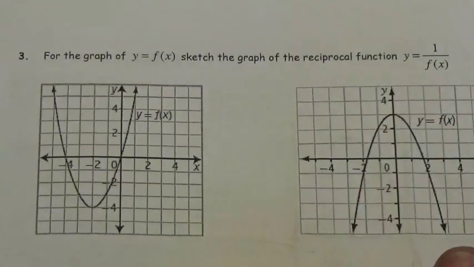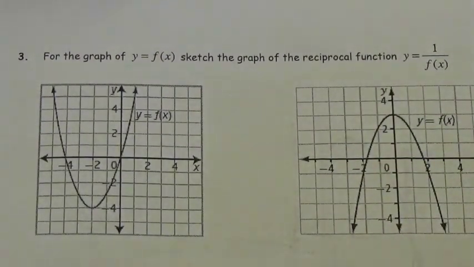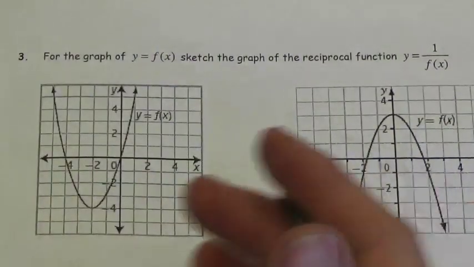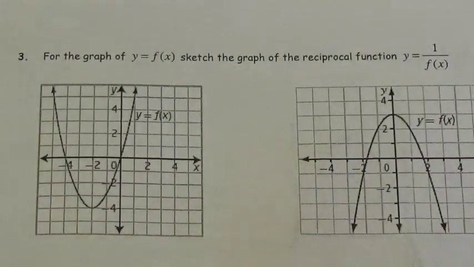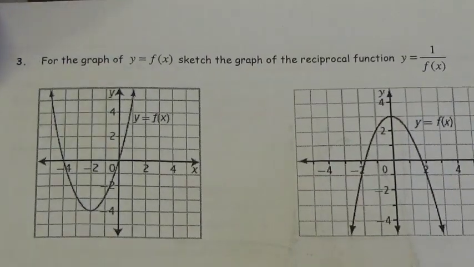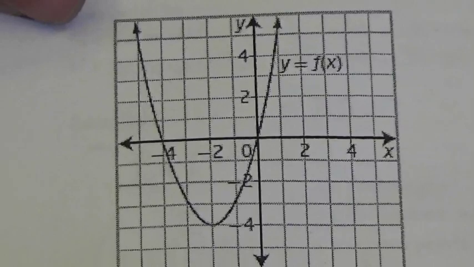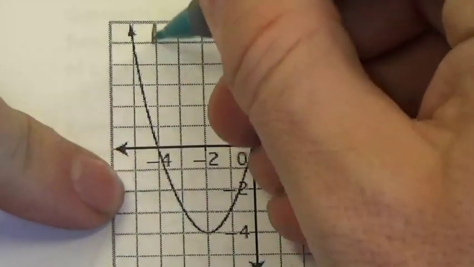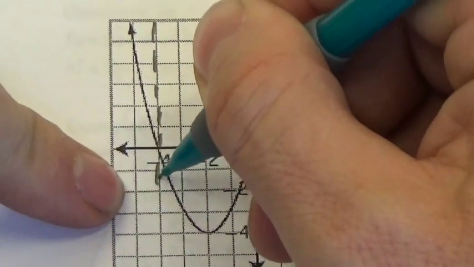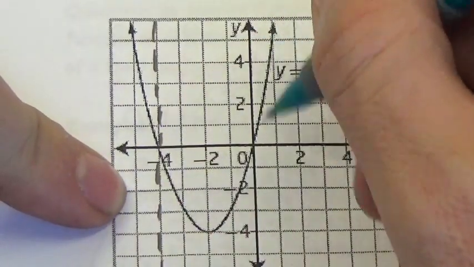So in the last couple questions, we did a lot of work to come up with the reciprocal and then all the different properties. Here, we just want to get used to the idea of sketching these things. So let's just take a quick look. Again, first thing I want to do is identify those vertical asymptotes, and that's where the x-intercepts are in the original.